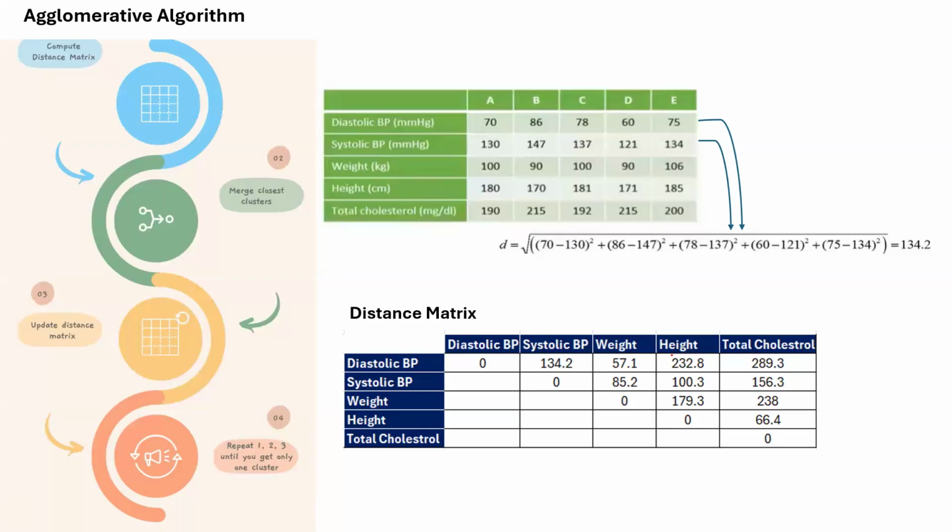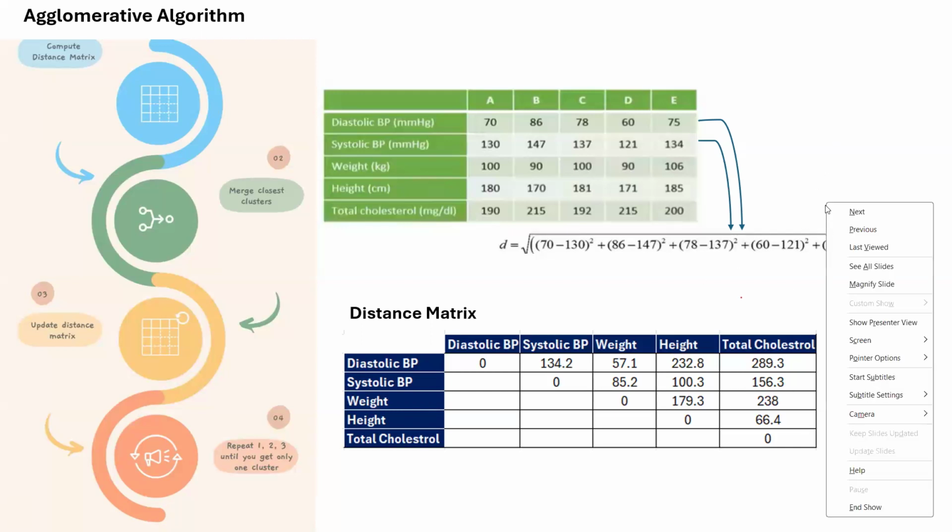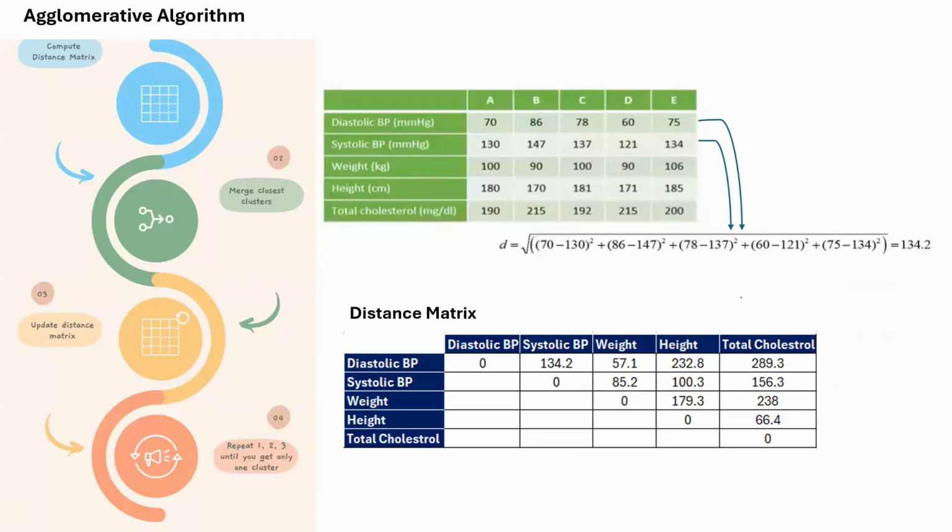Now I was given 5 different patients with different values of their health records. So these are the 5 patients that are available with me.